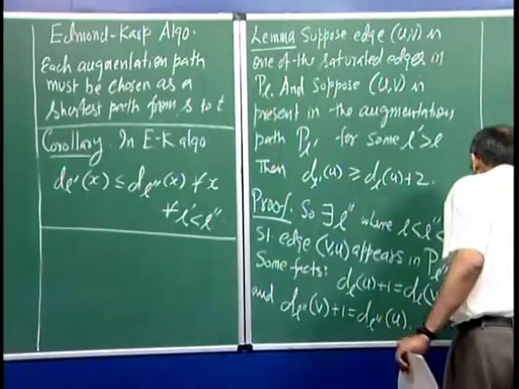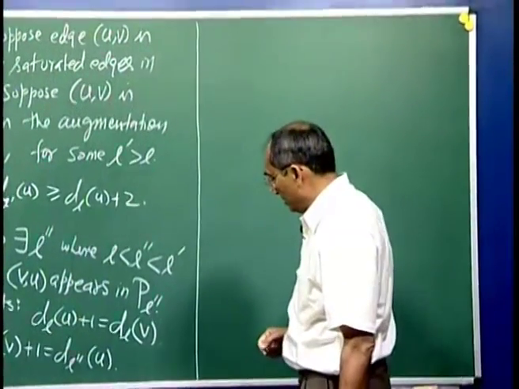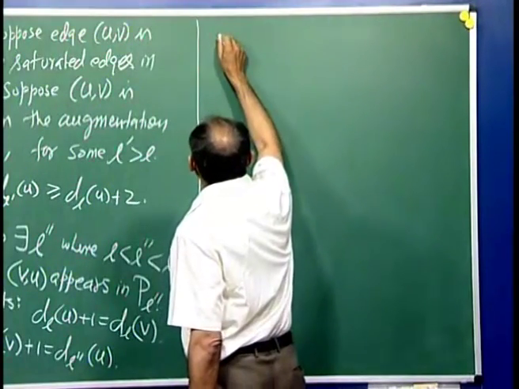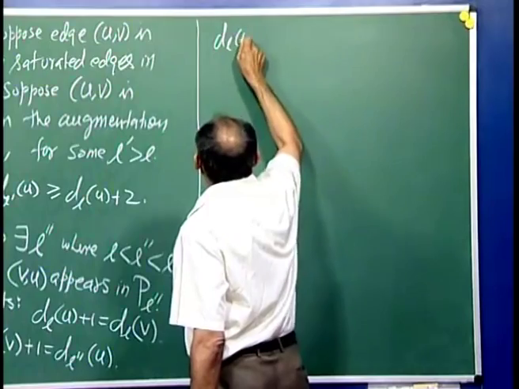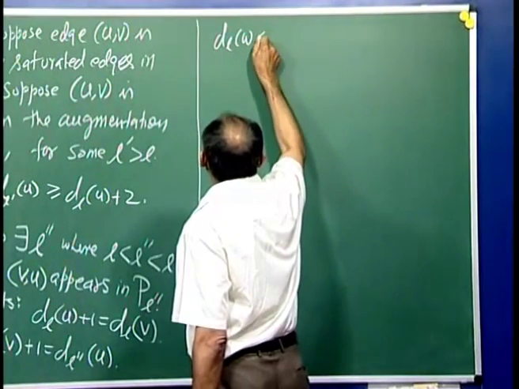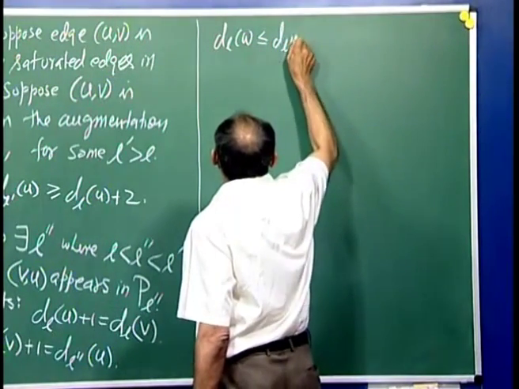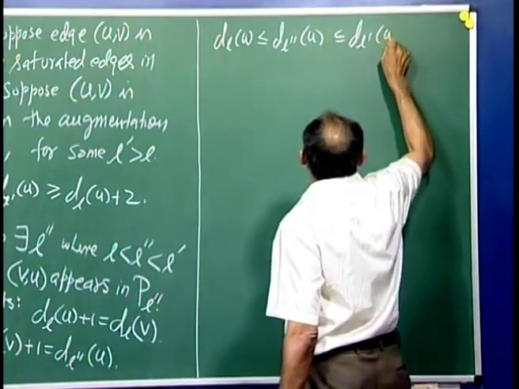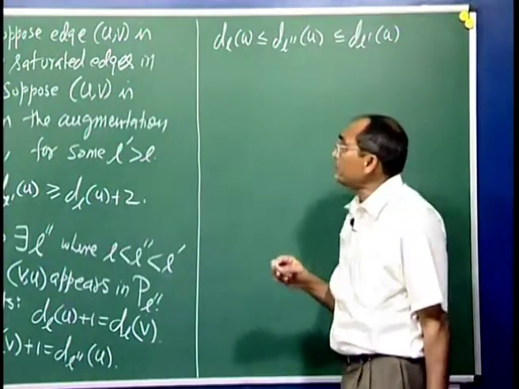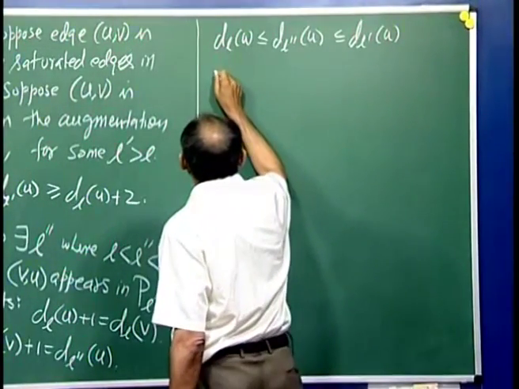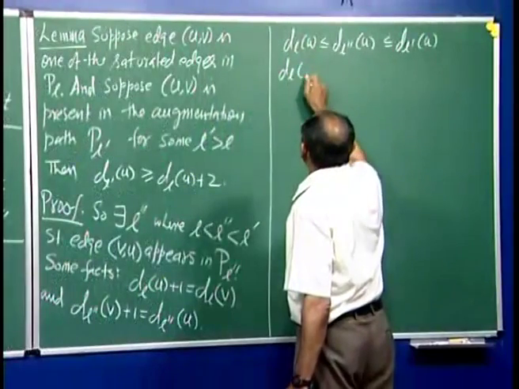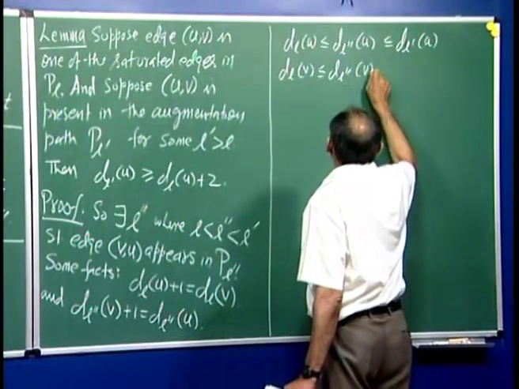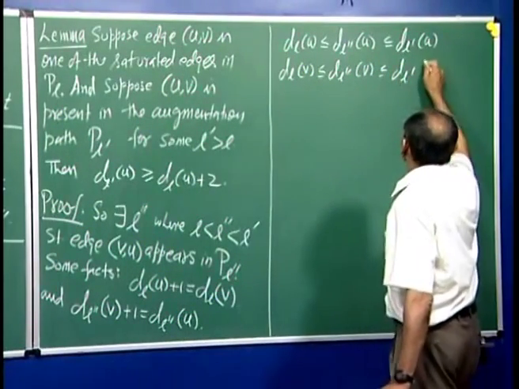We have this as well. From our corollary, we have a few additional facts. We know that dL(U) is less than or equal to dL''(U), which is less than or equal to dL'(U). And finally, we also have dL(V) is less than or equal to dL''(V), which is less than or equal to dL'(V).